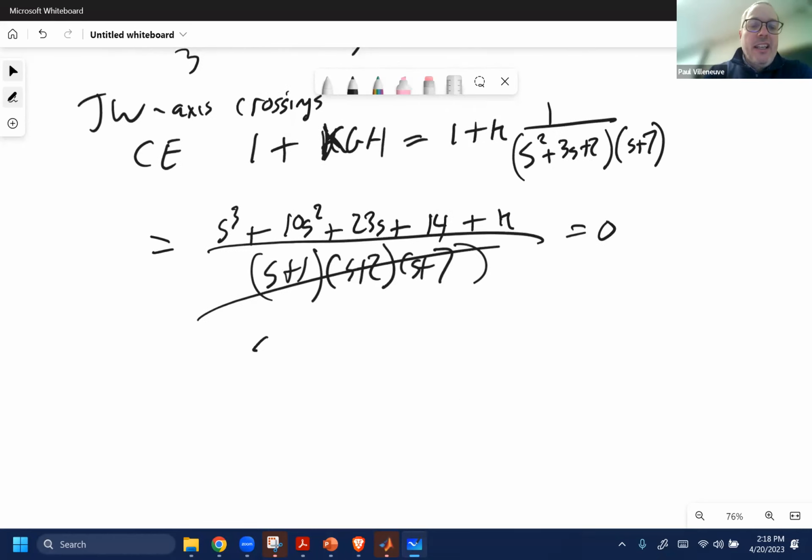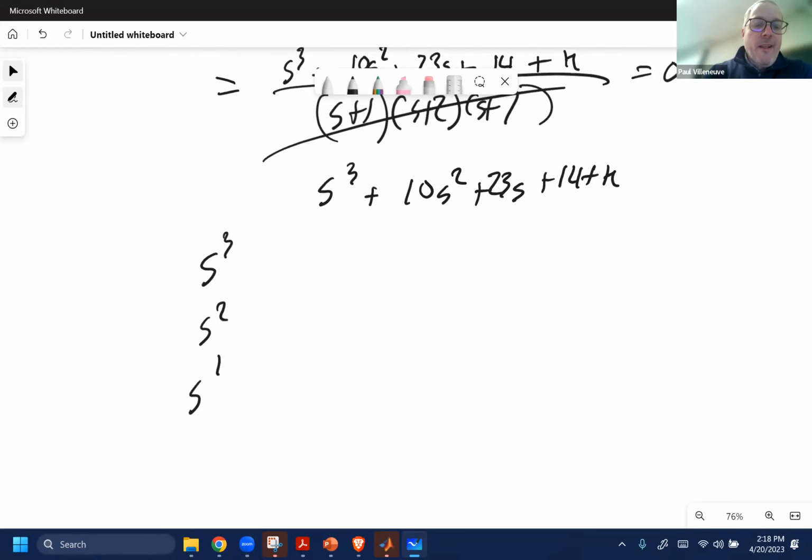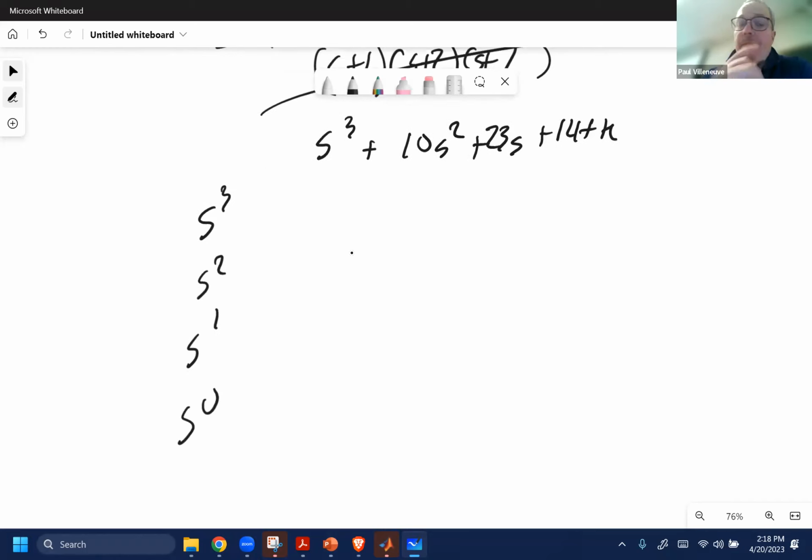So all I need is the numerator, which means I need to do the Routh-Hurwitz on this equation over here. So this is row s^3, s^2, s^1, s^0: 1, 23, 10, 14 plus k.